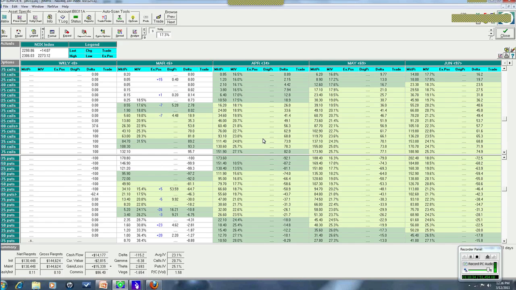I see. And do you have a goal in mind at the end of every month as far as a percentage return on your account balance, or how do you determine when enough's enough? My goal every month is to make 5 to 7% every month on total account balance. Okay.